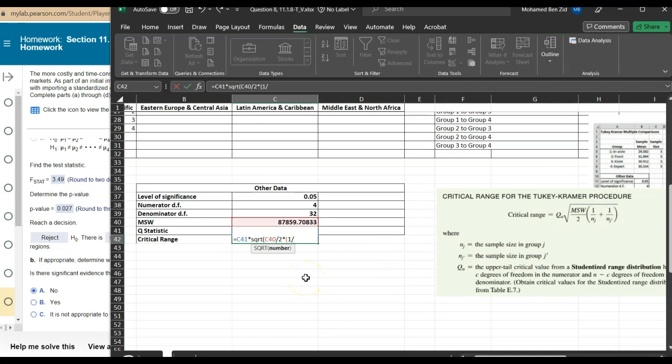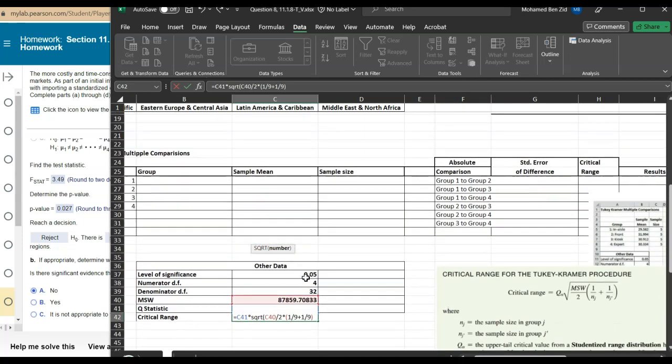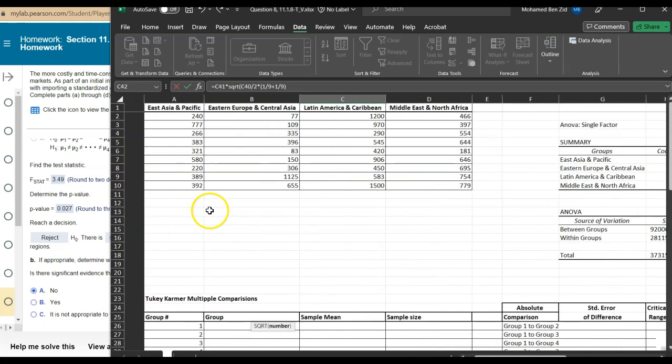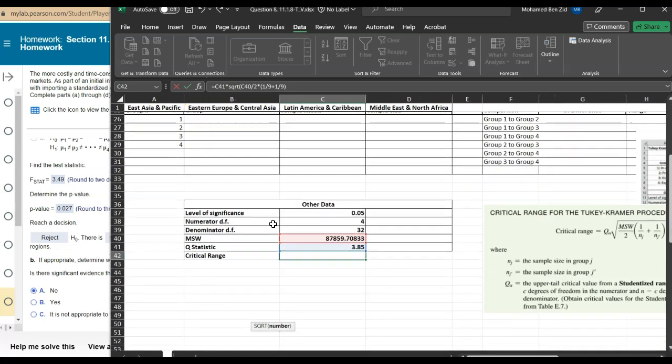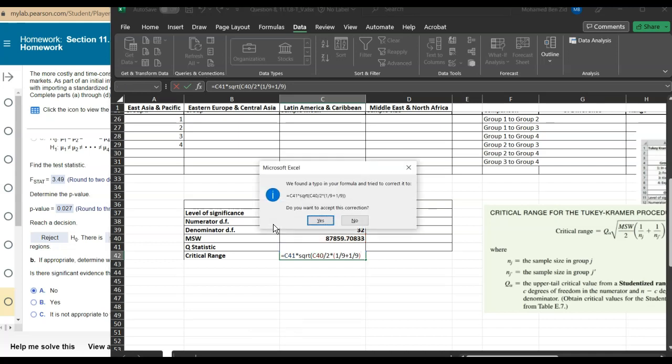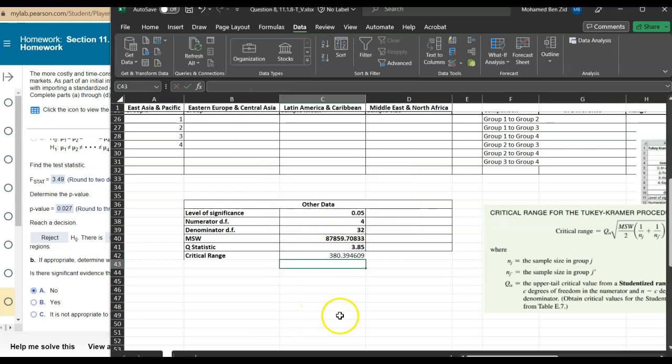So 1 over 9 plus 1 over 9, all right? That's how many countries we are counting, right? How many rows in here, right? So you see, counting the number of rows is going to be 9. And that's all. I'm missing parentheses, but it's fine.